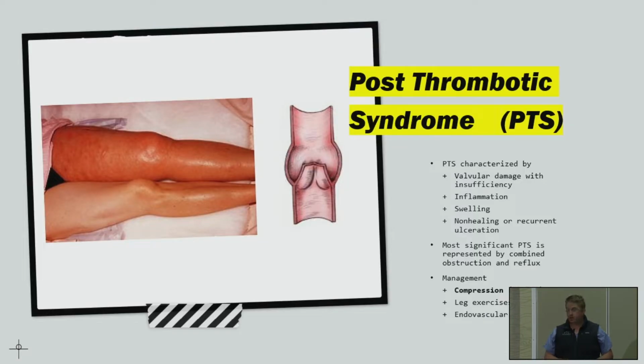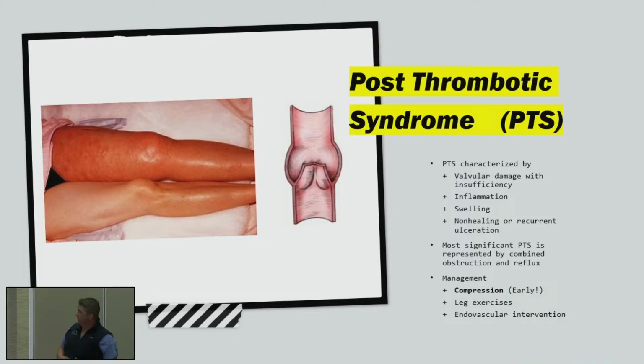So what is post-thrombotic syndrome? Valvular damage secondary to the chronic clot. Oftentimes, and you'll see images of this in a little bit, you'll get scarring within the vein itself, and that will cause chronic inflammation in the vein and will degrade the valves, and that's what will lead to significant venous insufficiency, not only in the superficial venous system, but also in the deep venous system.